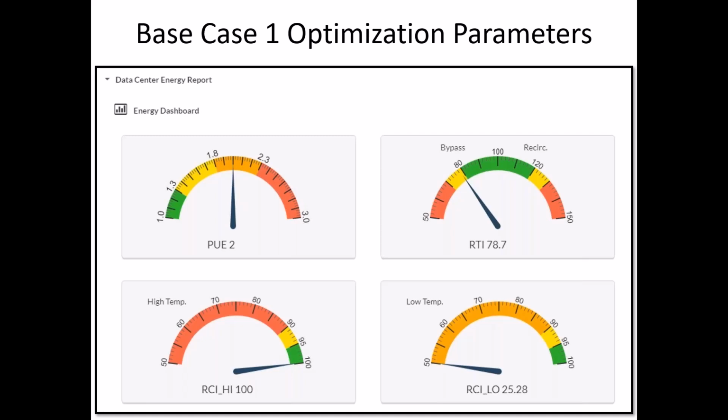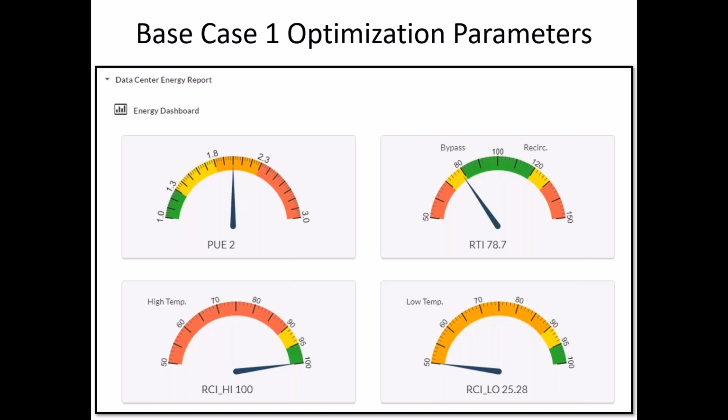In CFD, we always get all excited about our beautiful color pictures and our beautiful flow diagrams and flow path lines and things like that. And I'm going to show you some because I can't resist, of course. But this method right here of being able to look at 4 gauges, essentially, and have them color coded to understand what's going on in this data center, I think is very powerful.